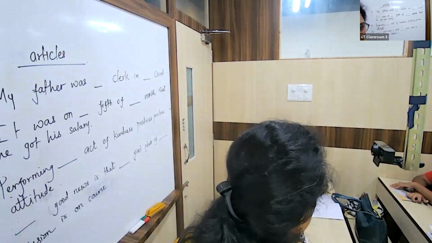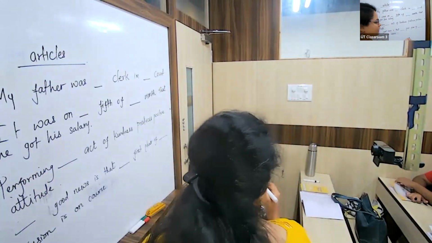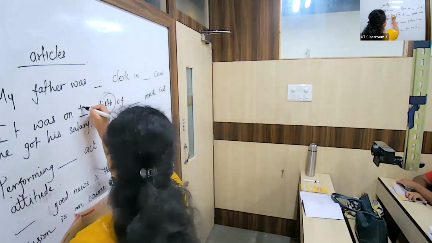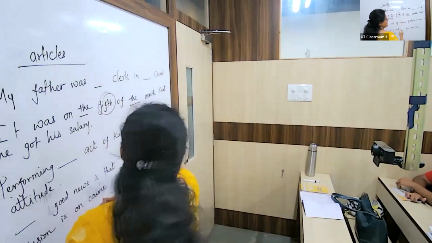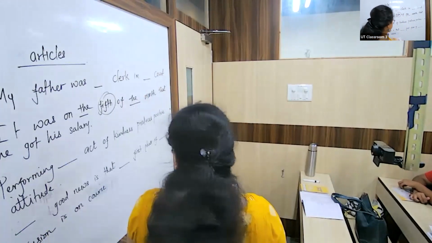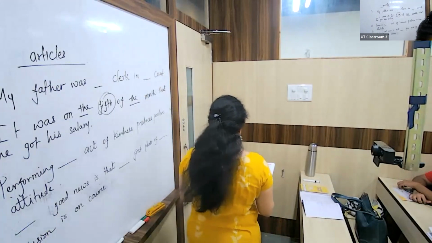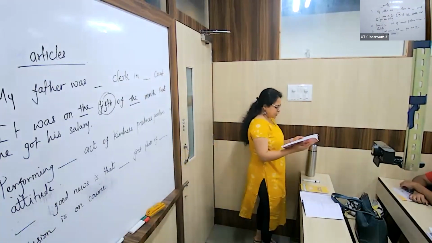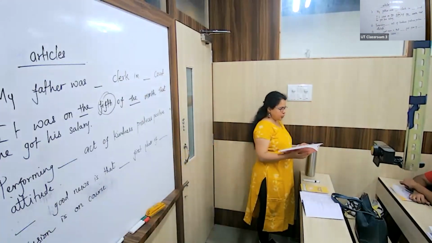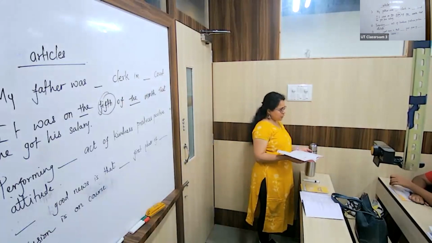It was on the 5th of the month. Yes. Remember the cardinals? The 5th of the month that he got his salary. Dash old man was taken to dash hospital. An old man was taken to the hospital.